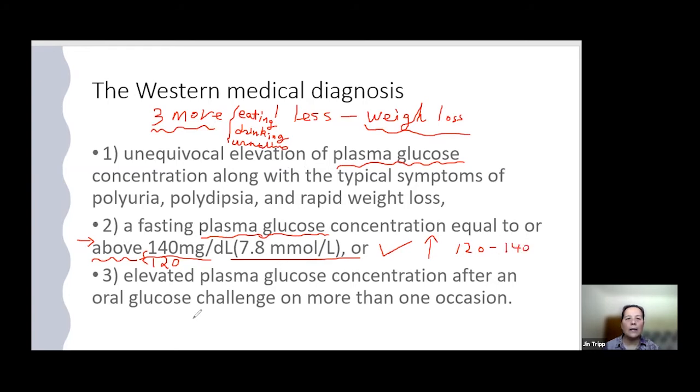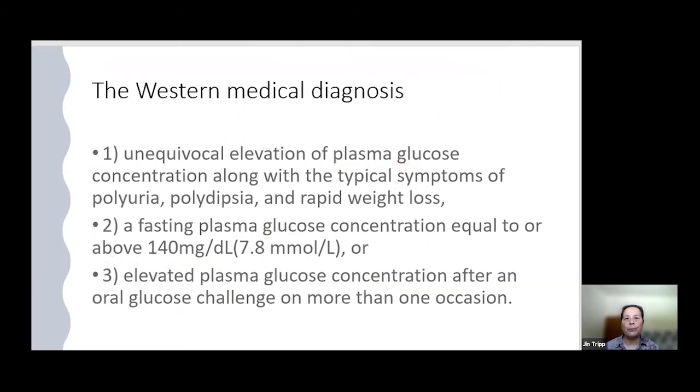So for this kind of patient, we can go to another test, where we give the patient some glucose to take and then see what truly happens to the blood glucose level. So that's the Western medicine diagnosis. So diabetes is pretty clear, and a diagnosis can be made right now.